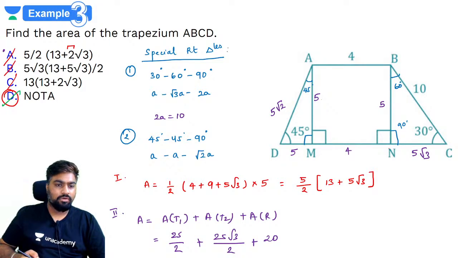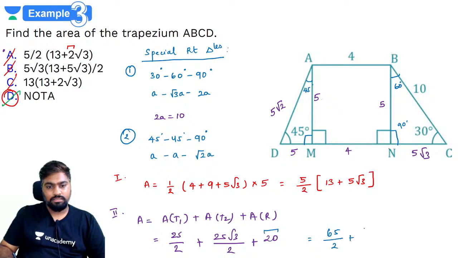Are you getting this? I hope you guys are understanding this. So what is this? 20 plus 12.5, or you can write it as 65 by 2. So 65 by 2 plus 25 root 3 by 2.